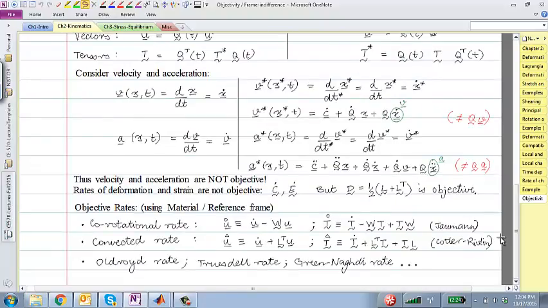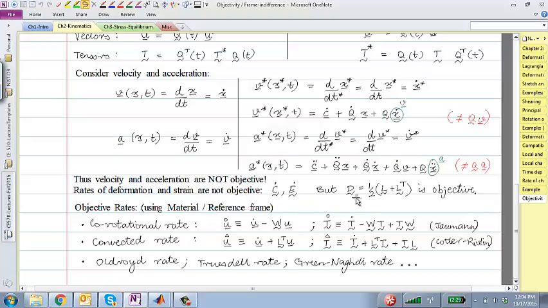So in the same way, there are lots of other quantities that are both vector and tensor quantities that are not objective, but we need to describe physical processes in terms of objective quantities. So what people did was to come up with certain rates of deformation that are objective.